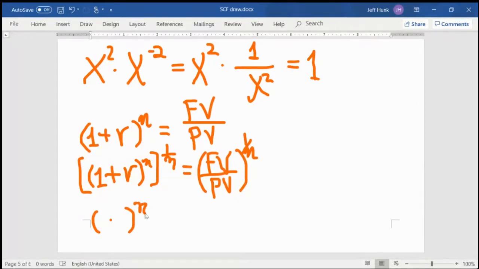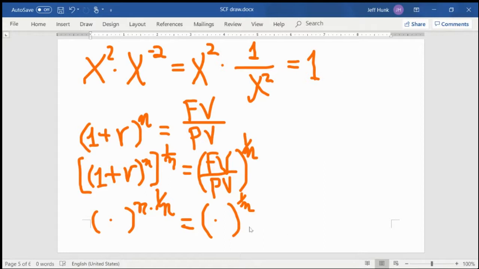The thing in the bracket cancels out, so it's going to become 1, and the right-hand side, the thing in the parenthesis, will still be there.